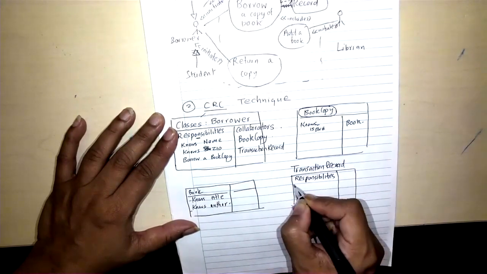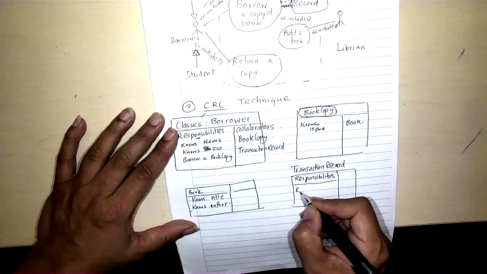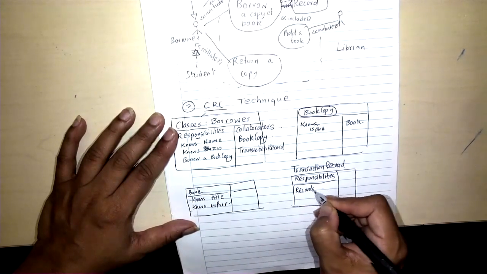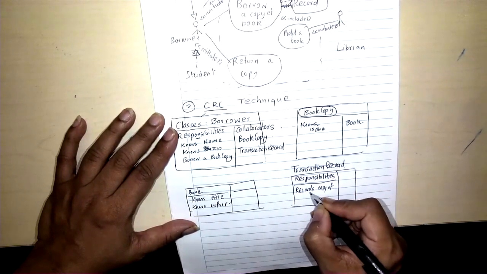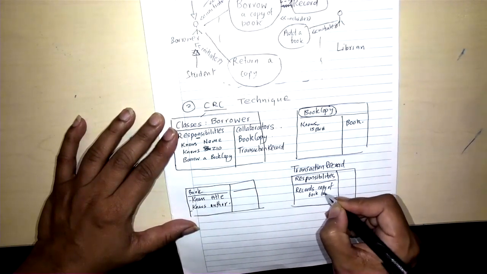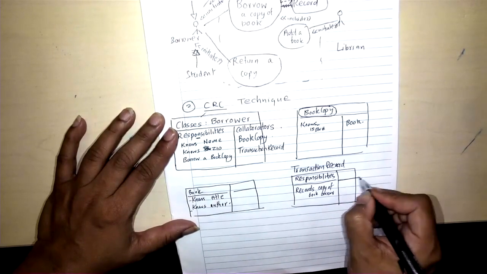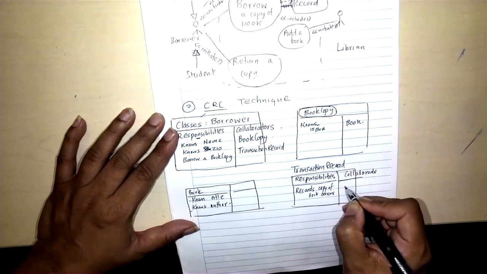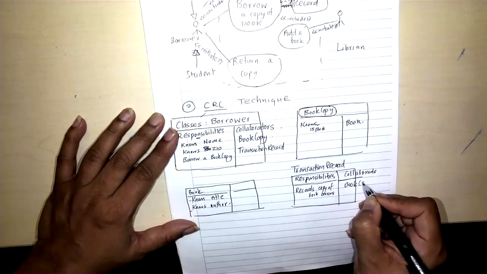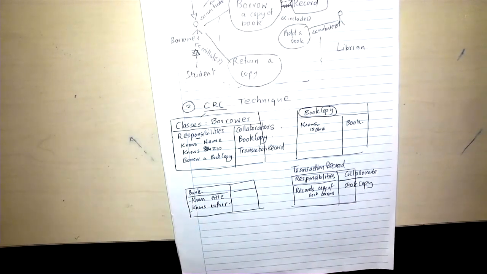The transaction record records the copy of the book borrowed. So it's going to collaborate with the book copy. Okay, so you can start seeing how you can piece this together.